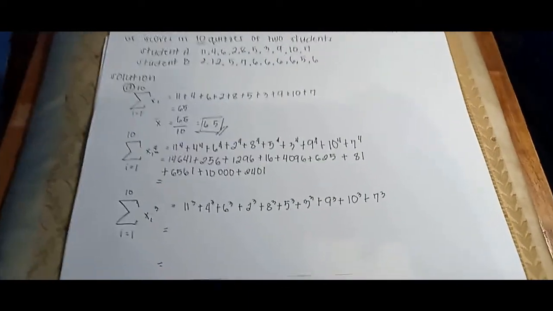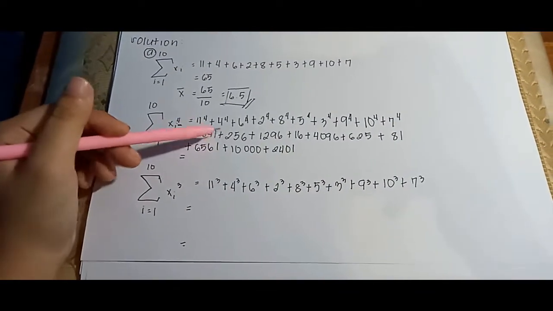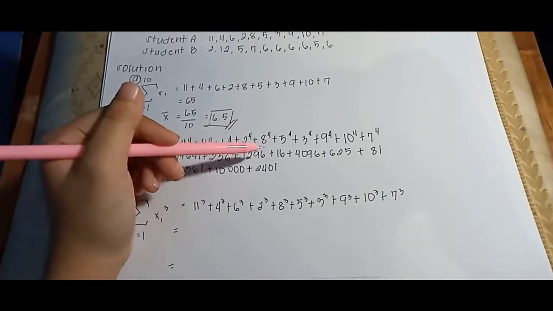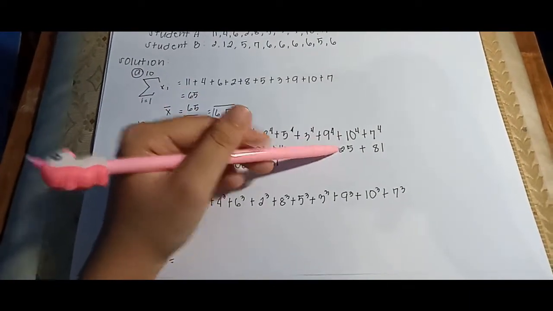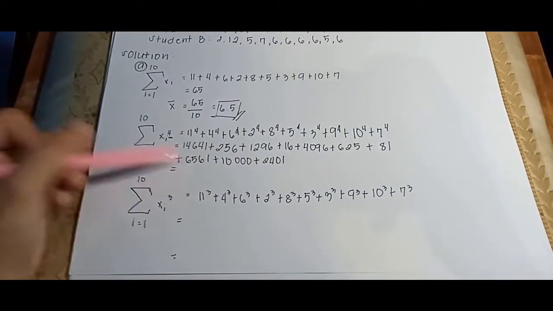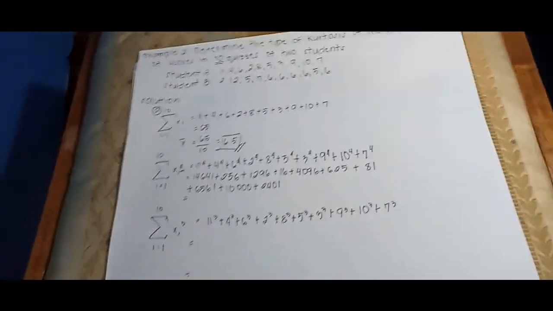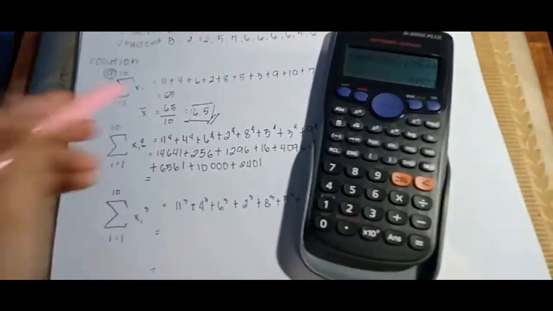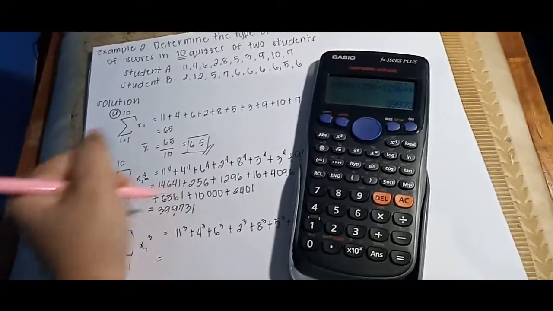So we have 14,641 plus 256 plus 1,296 plus 16 plus 4,096 plus 625 plus 81 plus 6,561, sorry, plus 10,000 and plus 2,401, which leads us to 39,973. There.